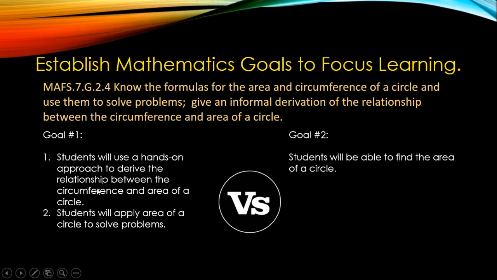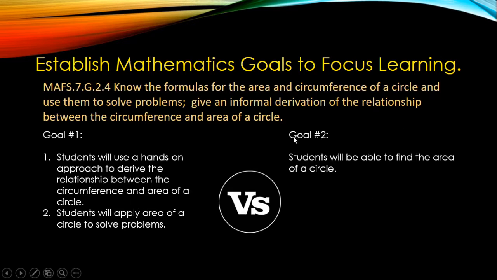And it also supports the procedural because it's asking students to apply that area formula. Students experience a deeper learning under the first goal compared to the second goal, and the first goal addresses the rigor of the standard.